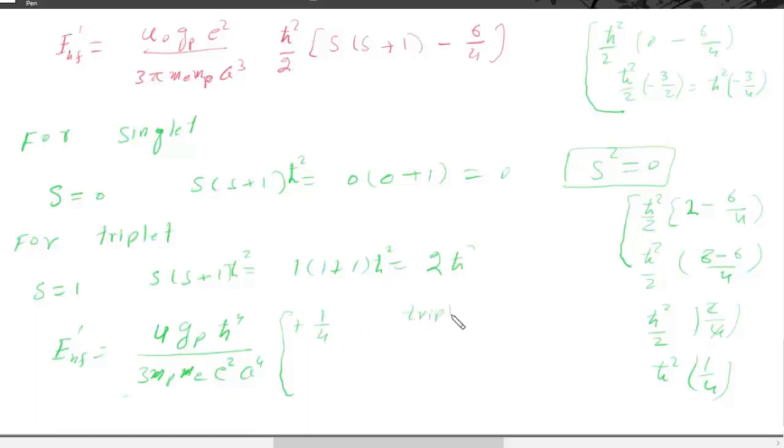Okay, this is for the triplet case, and this is for the singlet. For the singlet, we take common the ħ², this is minus 3 divided by 4.